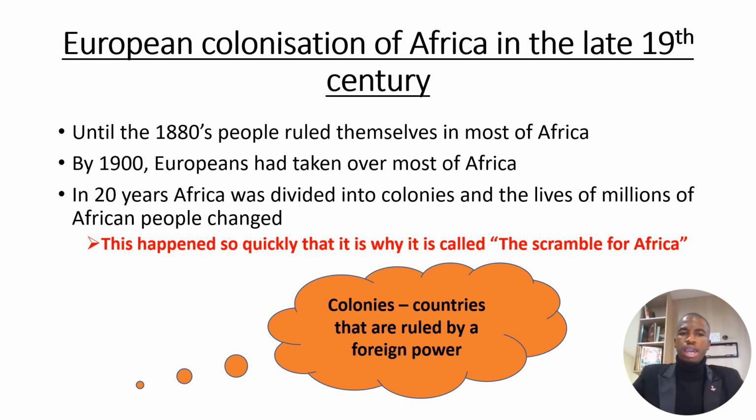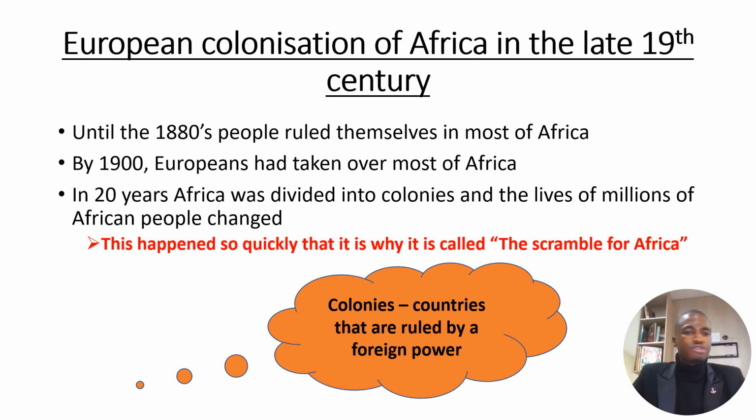Now, we are looking at the topic of European colonization of Africa in the late 19th century. What we should establish from this is that until the 1880s, people in Africa ruled themselves. By 1900, Europeans had taken over most of Africa as a continent.